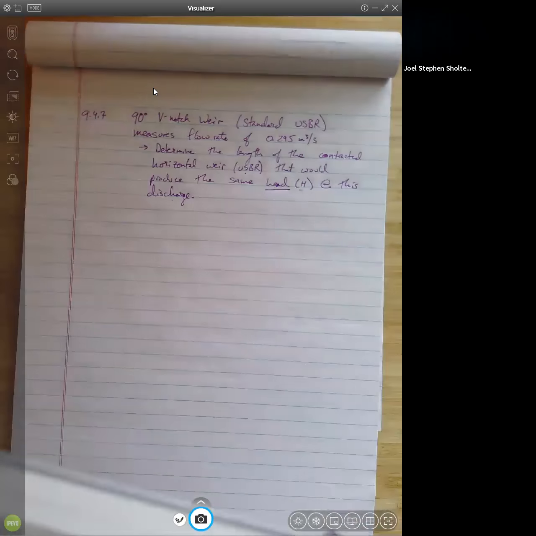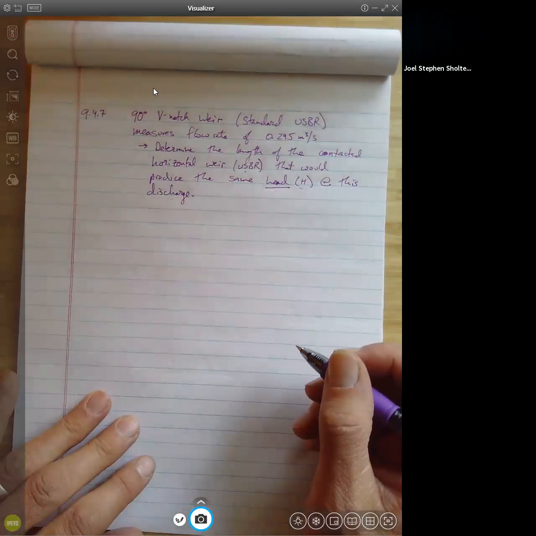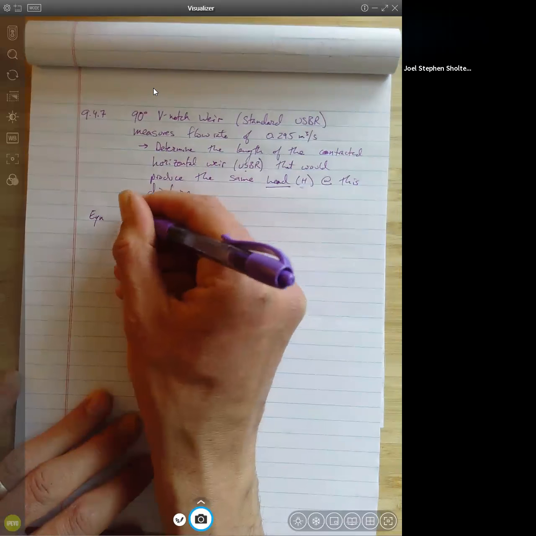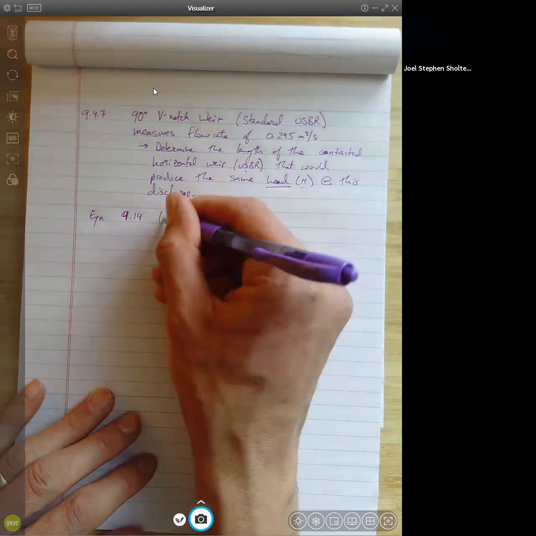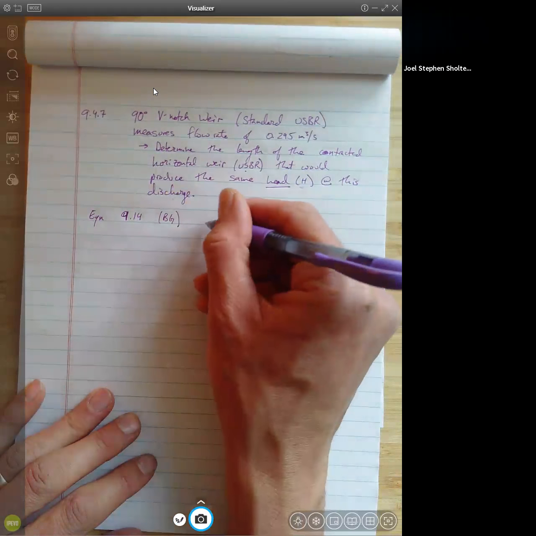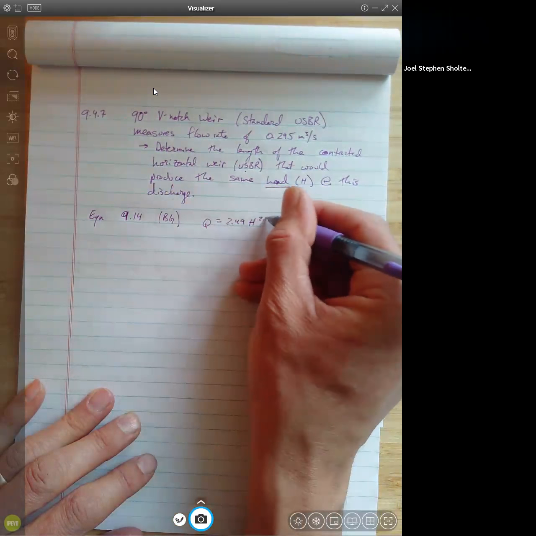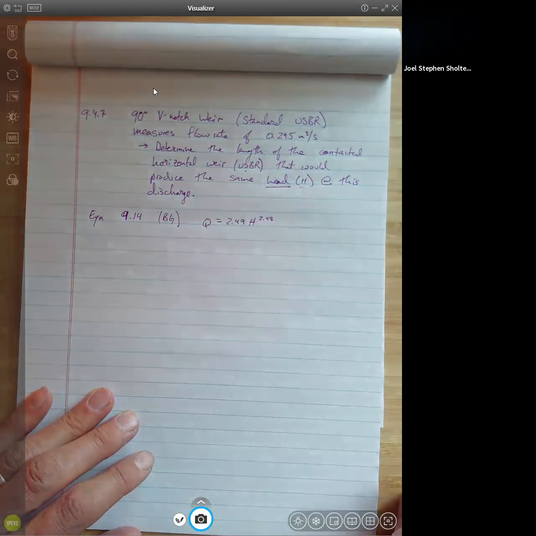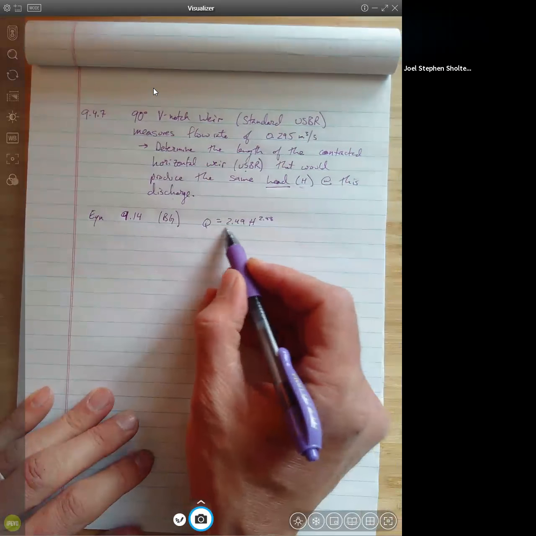Well, we'll figure it out as we go. First we'll start with equation 9.14 for British gravitational units. And that says Q is equal to 2.49 H to the 2.48. So we need to convert to CFS, because the Bureau of Reclamation works in CFS.